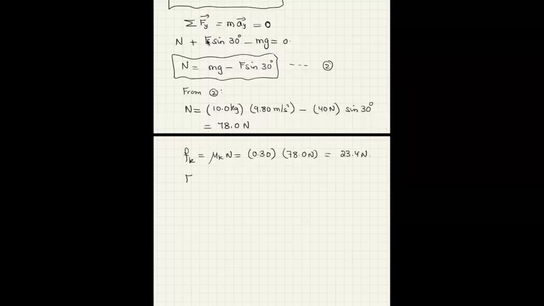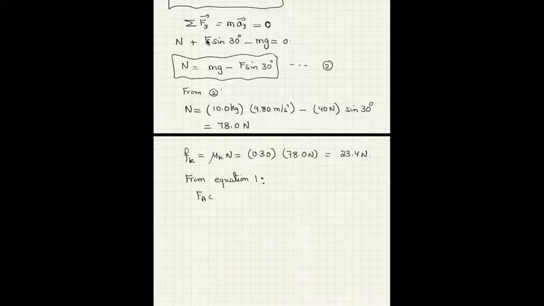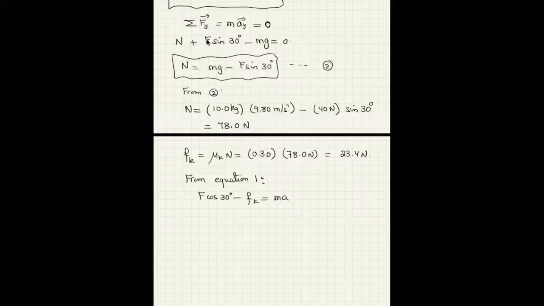Then I should go back to equation number 1. From equation 1, I have F, I call that F, cosine 30 minus Fk should equal ma. And then here I will say F is 40.